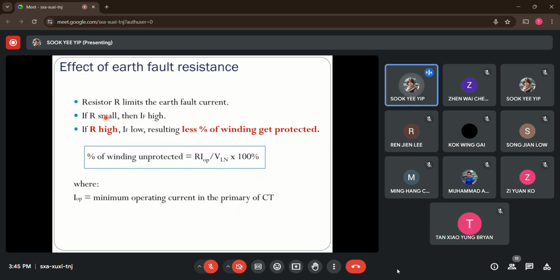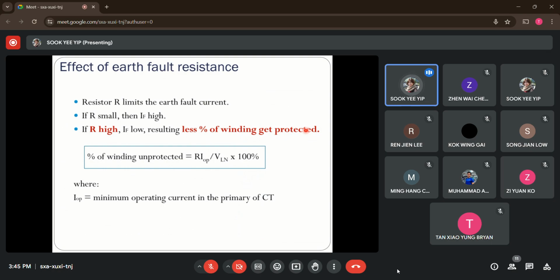If the resistance is small, the fault current is obviously high. In the reverse case, if we choose a high resistance value, the fault current is much lower, but it has this impact: a lesser percentage of the stator winding is protected, the part near the neutral point.